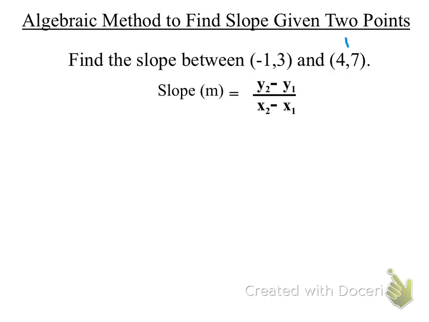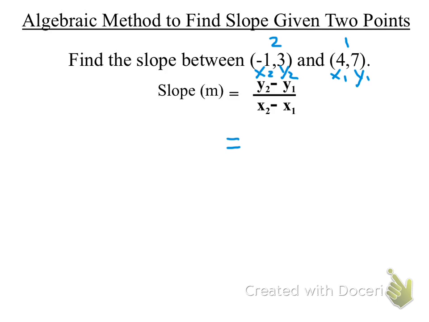This is point 1, and this is point 2. So this is x1 and y1. For the beginning, start naming everything. x2, y2. So what do I substitute for the y2?